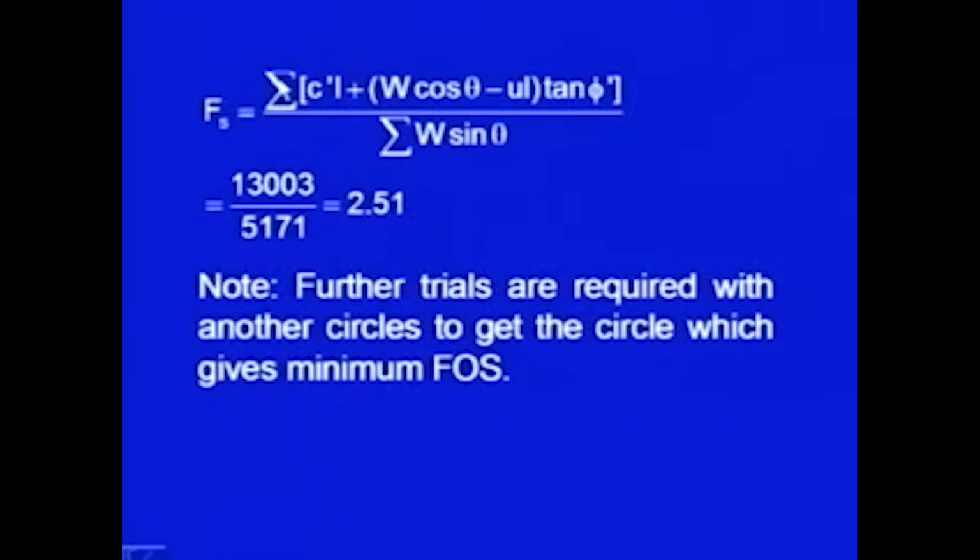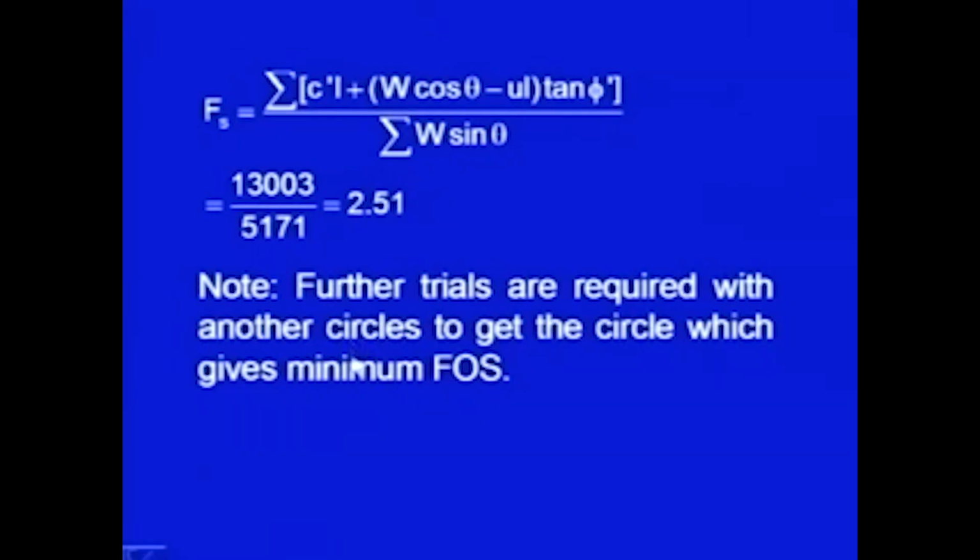Finally, the factor of safety: this is the term in the numerator which we had calculated. So, summation of C dash L plus W cos theta minus U L tan phi dash comes out to be equal to this much. Summation of W sin theta is 5171, and the factor of safety then we get is 2.51. So, this is the factor of safety for the trial circle which we have taken in this case.